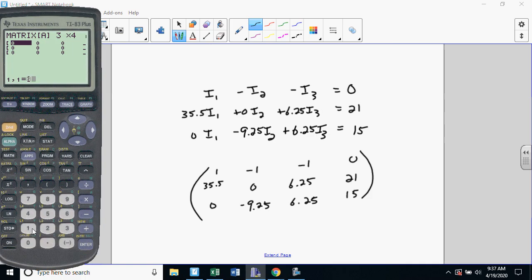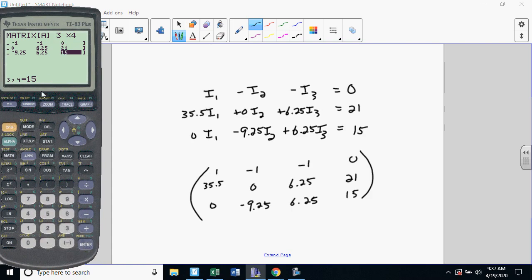So this is 1, negative 1, negative 1, 0, 35.5, 0, 6.25, and 21, 0, negative 9.25, 6.25, and 15.